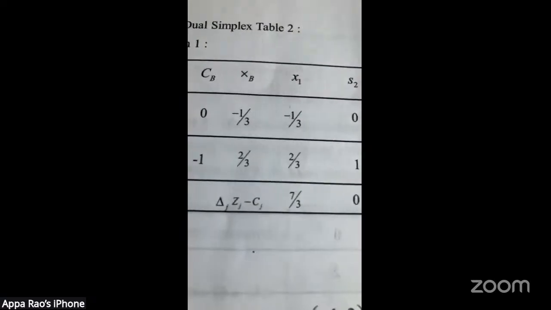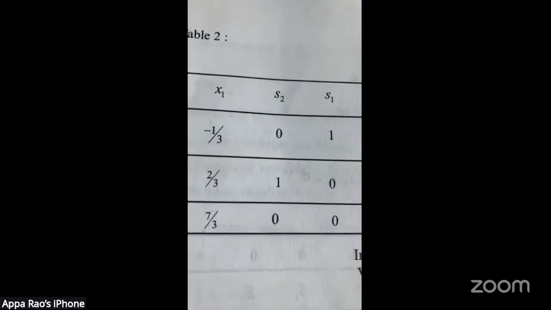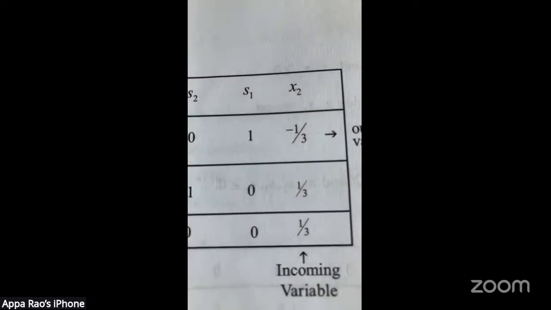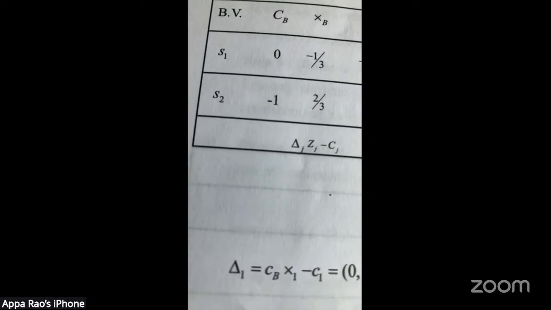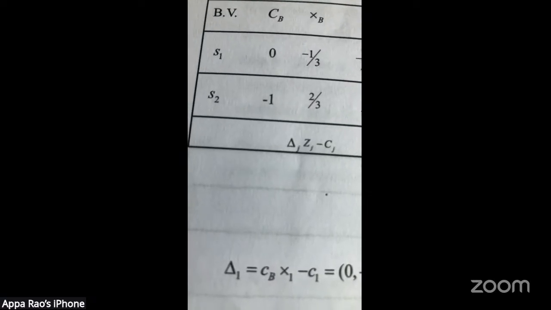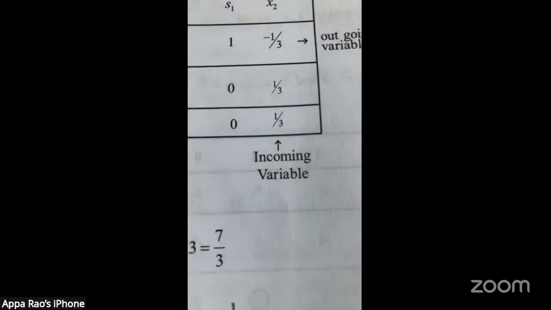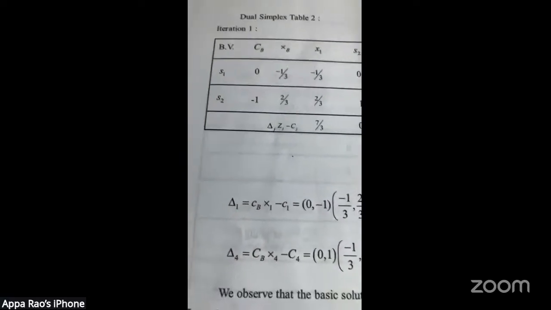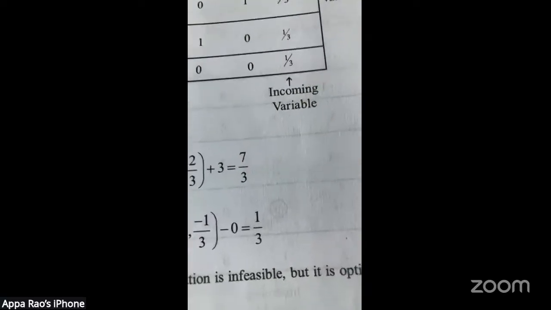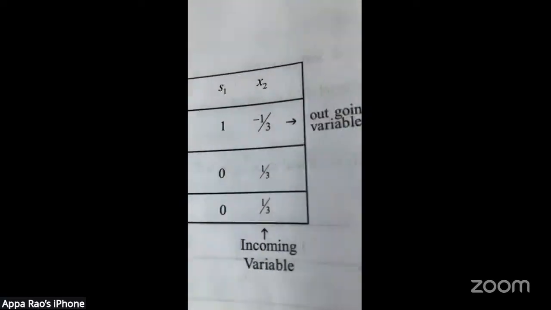Basic variables S1, S2. Cost of basic variables is 0, minus 1. XB values: minus 1 by 3, 2 by 3. Then the rows are minus 1, 2 by 3, 2 by 3, 1, 0, 1 by 3, and 1, 0, 1 by 3.